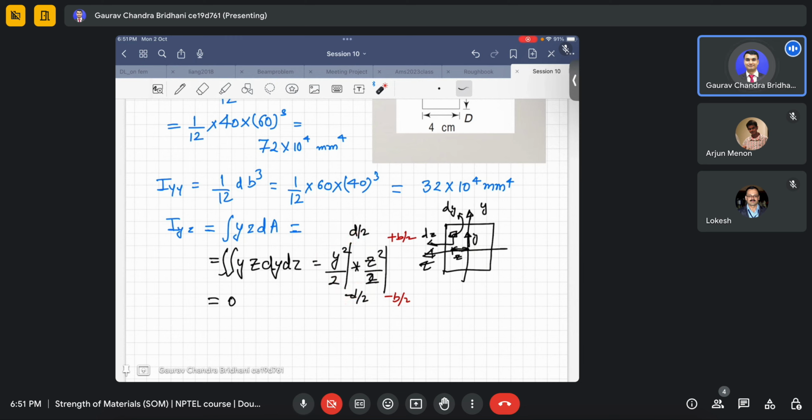That's why this is also called the product of inertia. So even if there is a single axis of symmetry, about that one quantity will become 0, and because it is in multiplication, that goes to 0. Is it understandable?